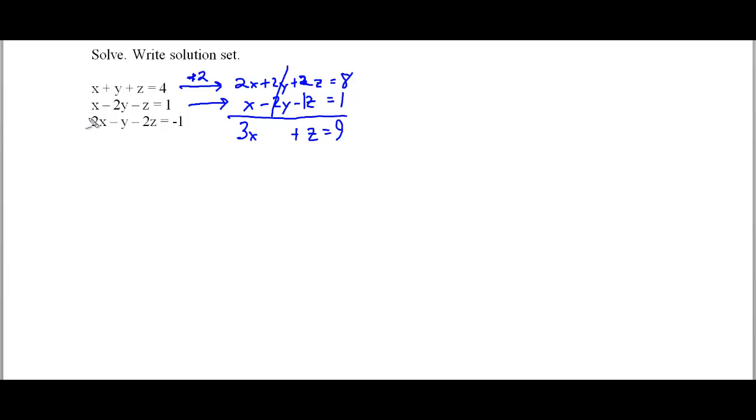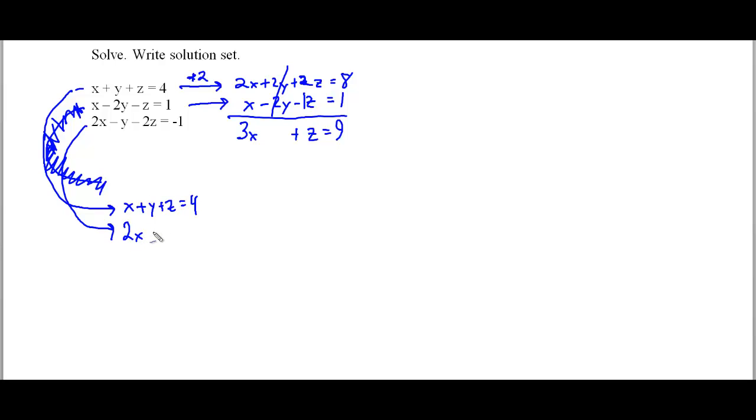I said z, I meant y. I'll choose the top equation, which can be written as x plus y plus z equals 4, and the bottom equation, which is 2x minus y minus 2z is equal to negative 1. So what I have here is 3x, the y's simplify, and this makes a negative z right there, and this is equal to 3.